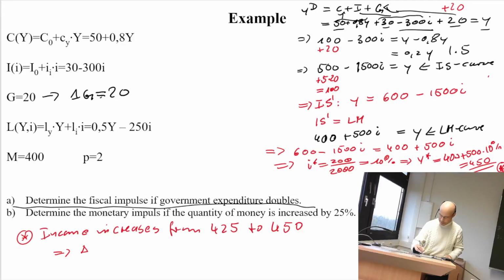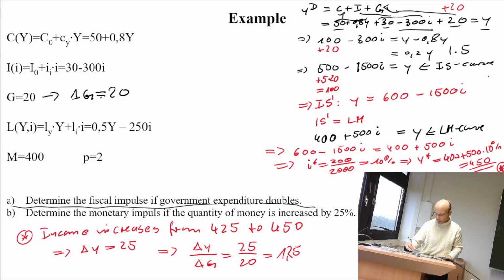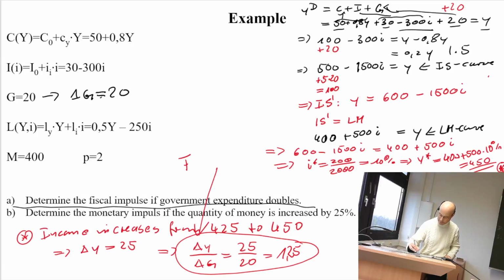So delta Y equals 25, and we obtain delta Y over delta G is 25 over 20 equals 1.25, and this is then our fiscal multiplier.